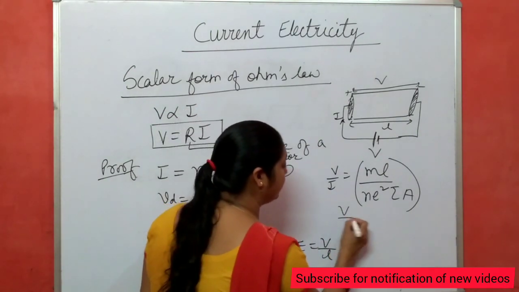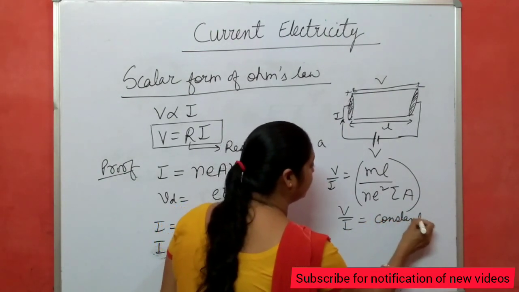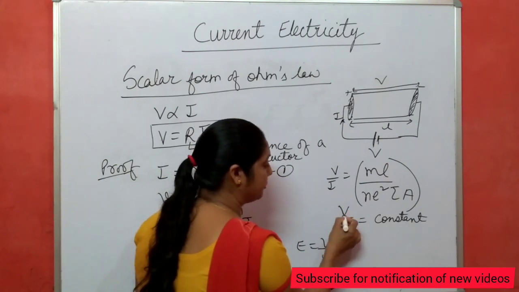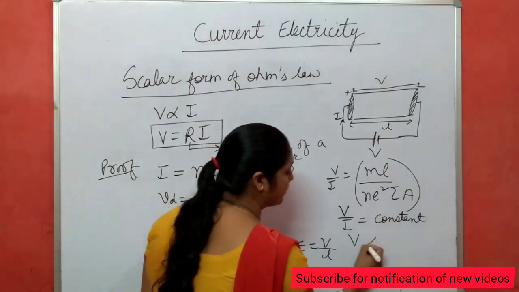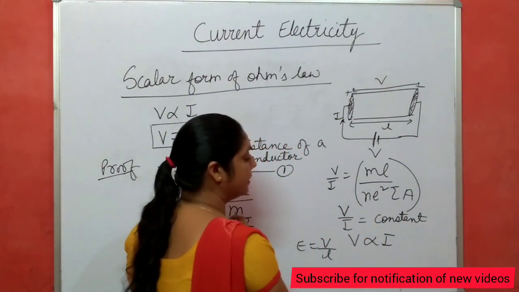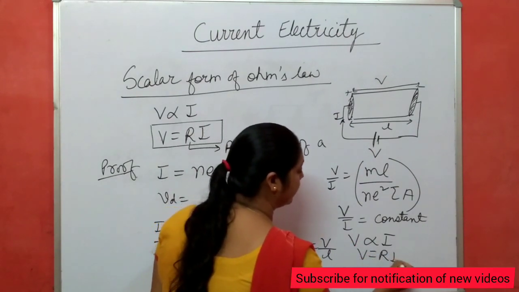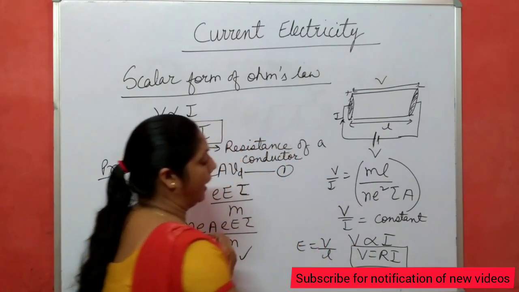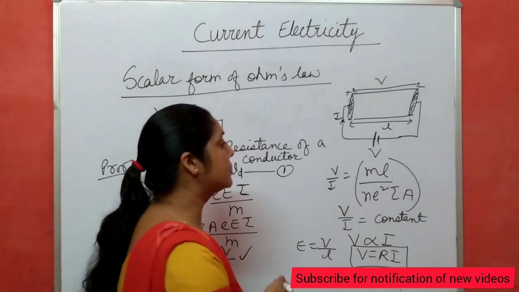Then V by I is constant. It means whenever the potential difference increases, I also increases. V is proportional to I, provided the physical conditions remain constant, and this constant is called the resistance of the conductor. This is the scalar form of Ohm's law.